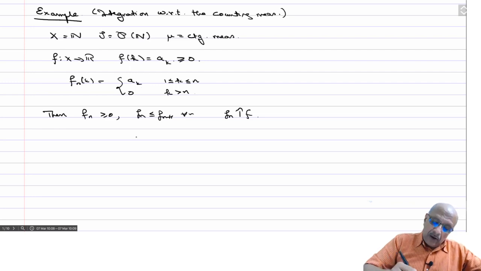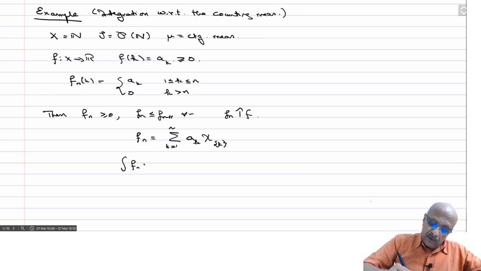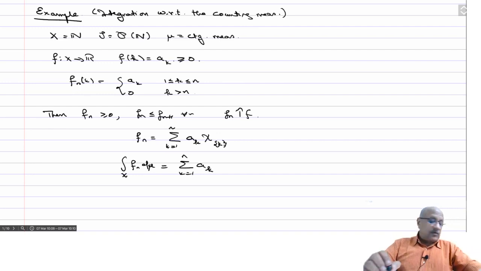And also f_n, if you see, is nothing but sigma a_k chi of singleton k, k equals 1 to n, and therefore this is a non-negative simple function. Therefore the integral of f_n d mu over X is sigma k equals 1 to n a_k times the measure of singleton k, which is just 1.